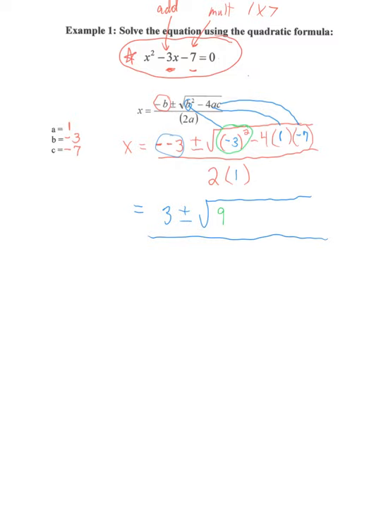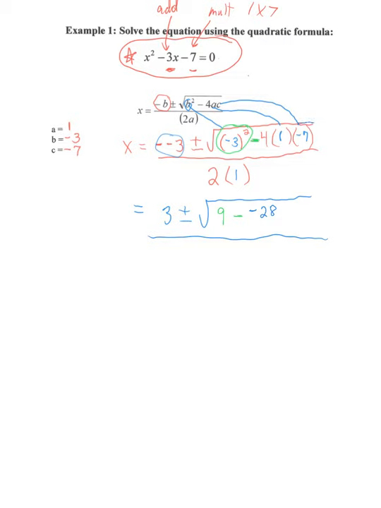Okay. Now, we're going to multiply 4 times 1 times -7. So that's going to be, here's the minus sign, and just to change it here, we're going to have a -28.